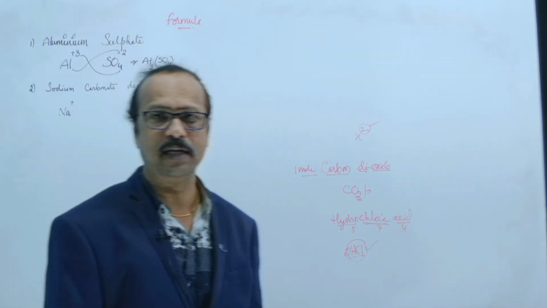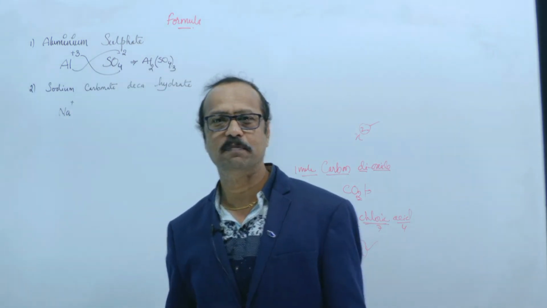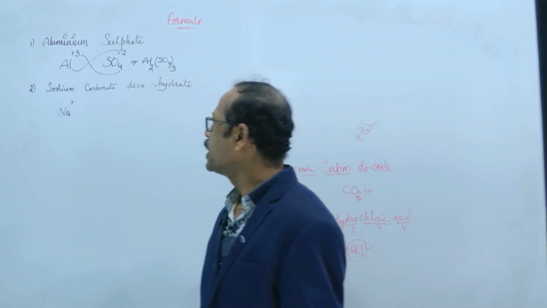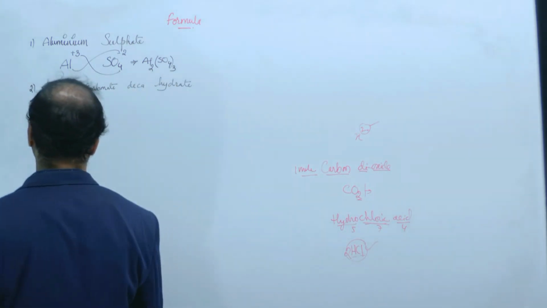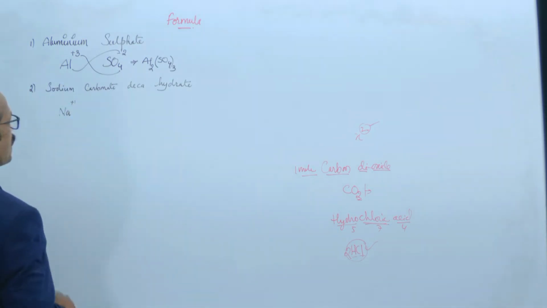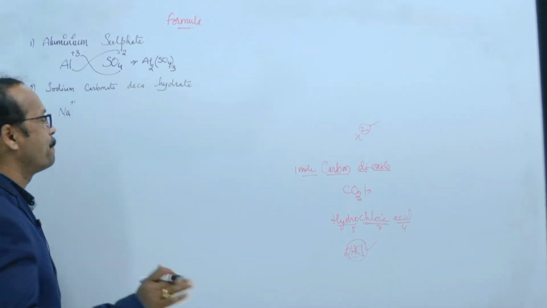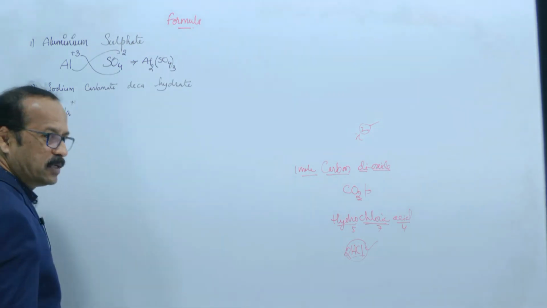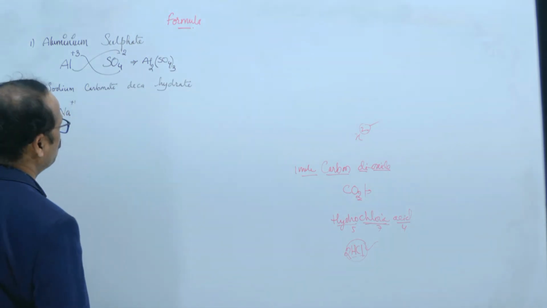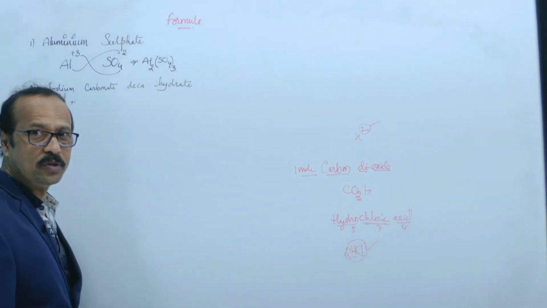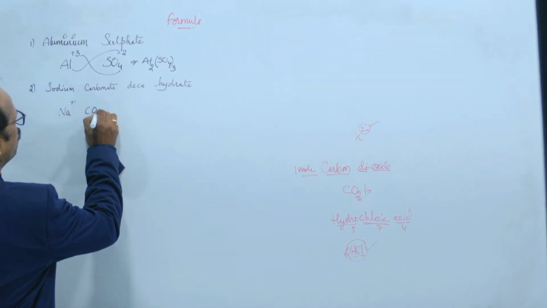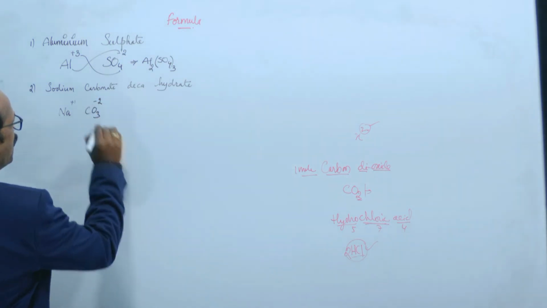Chalo. First one I have written: sodium. Sodium is plus 1, yes or no? Very good. Next, carbonate. What is the carbonate formula? See in the fifth synopsis. CO3 minus 2 is there.